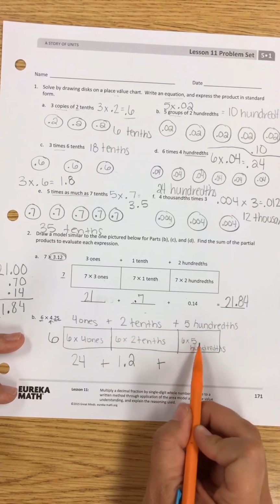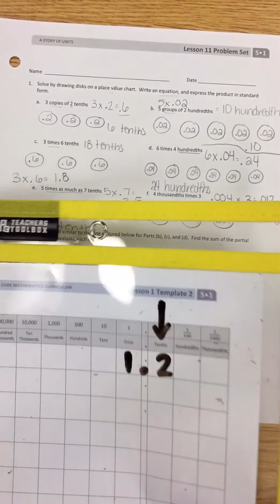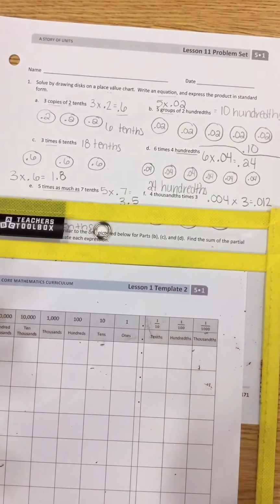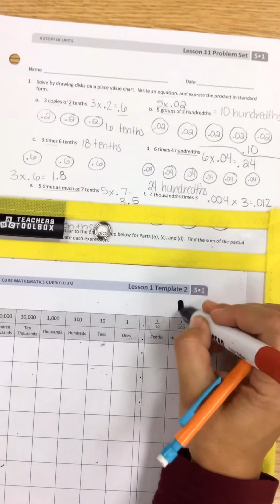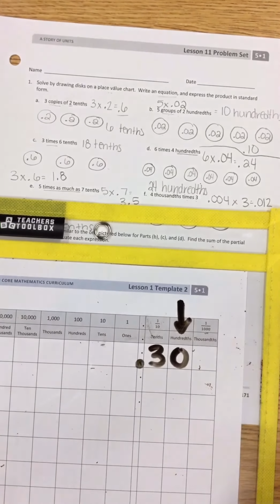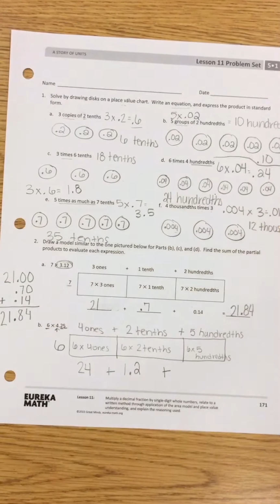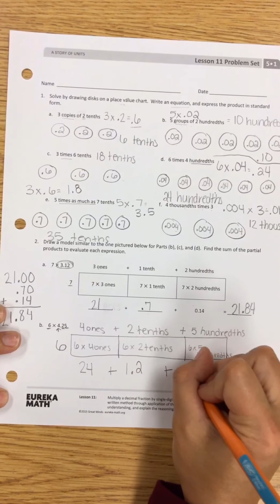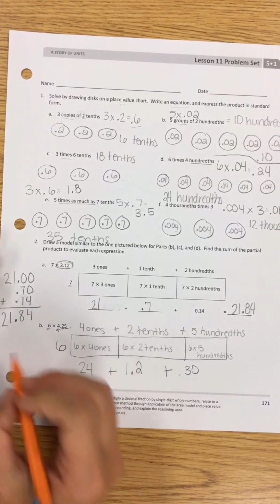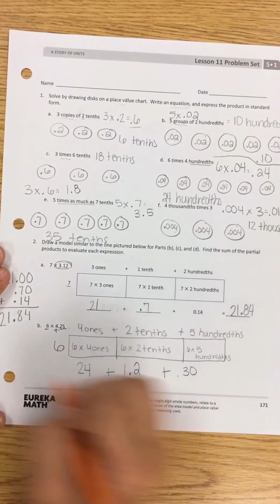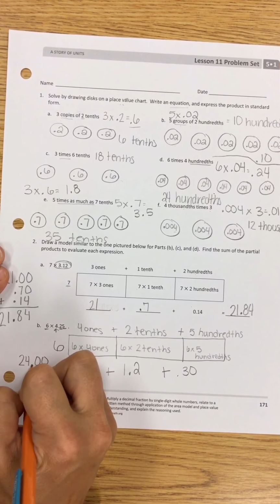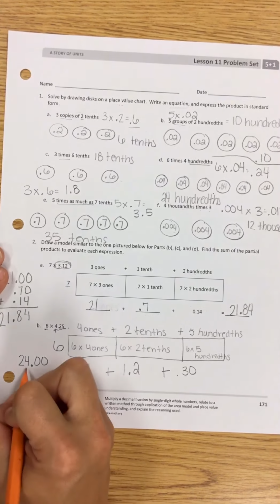And then 6 times 5 is 30, so I have 30 hundredths. If I do the same thing, 30 hundredths, hundredths is where that 0 needs to be, so 30 hundredths would be written like that. Okay, so then I'm going to take these numbers, and because it was 2 decimal places, I'm going to write 24 and add those 2 zeros after that, because remember, adding zeros after the decimal does not change the number.